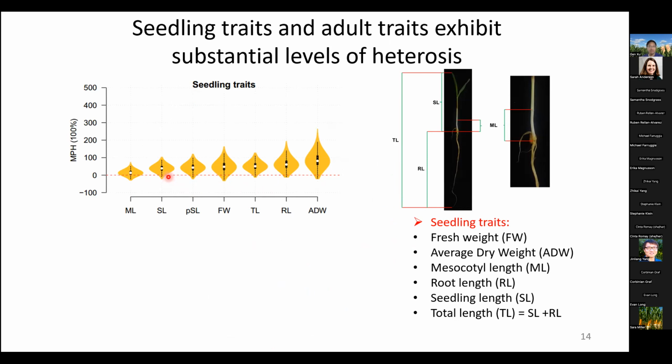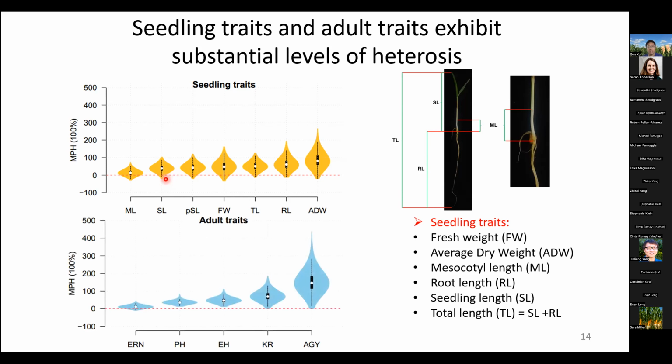It tells us most of these traits can show heterosis. And we observed similar patterns for the adult traits. You can see most samples have middle parent heterosis larger than 0 for most traits.